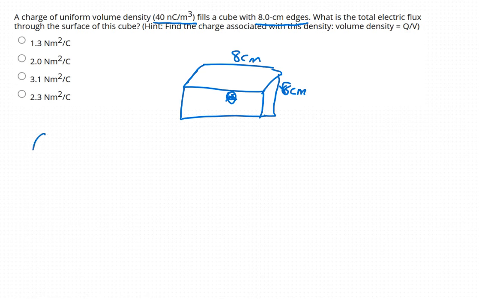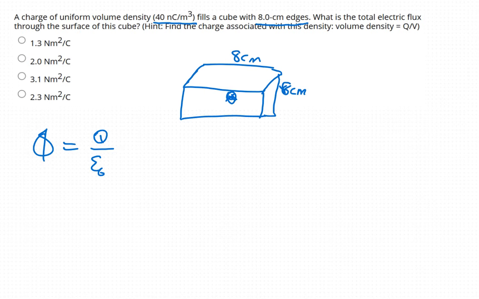In Gauss's law, the flux is equal to Q divided by epsilon naught. But the problem is that we don't know what the charge inside this cube is. We don't know if it's positive or negative, or the value of the charge itself.